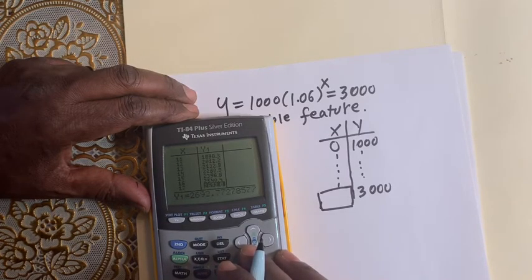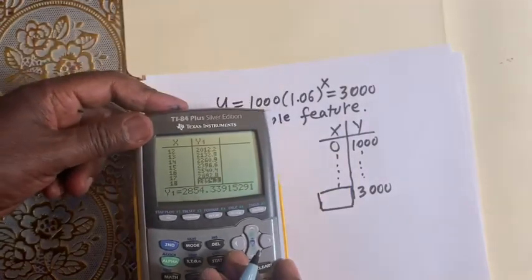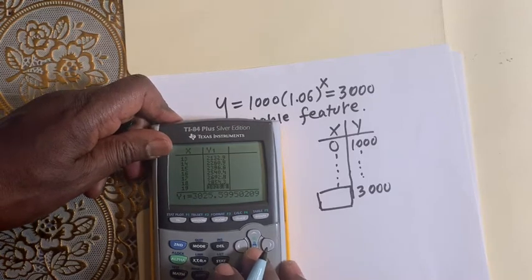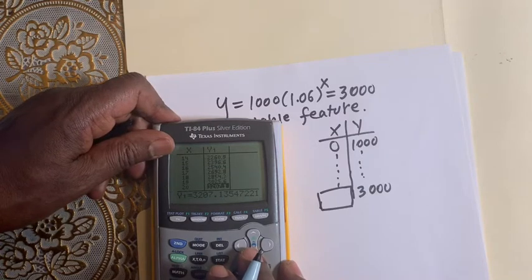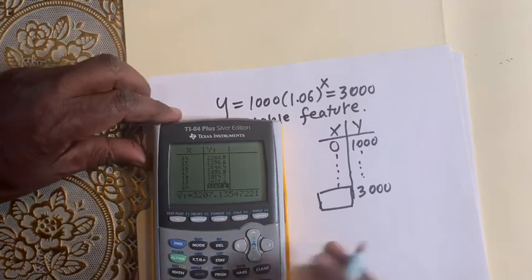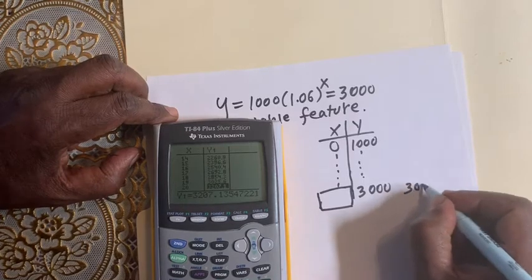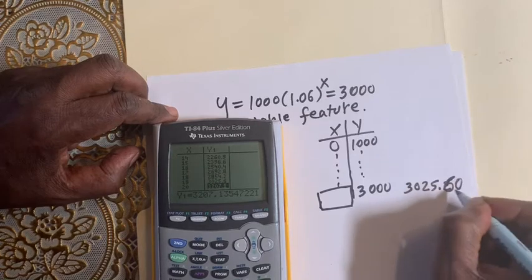So if I proceed, 2540 for 16 years, 2692 for 17 years, and so on. It goes on. 18. When you are on 19, you get 3025 and 60 cents. That's what I see.